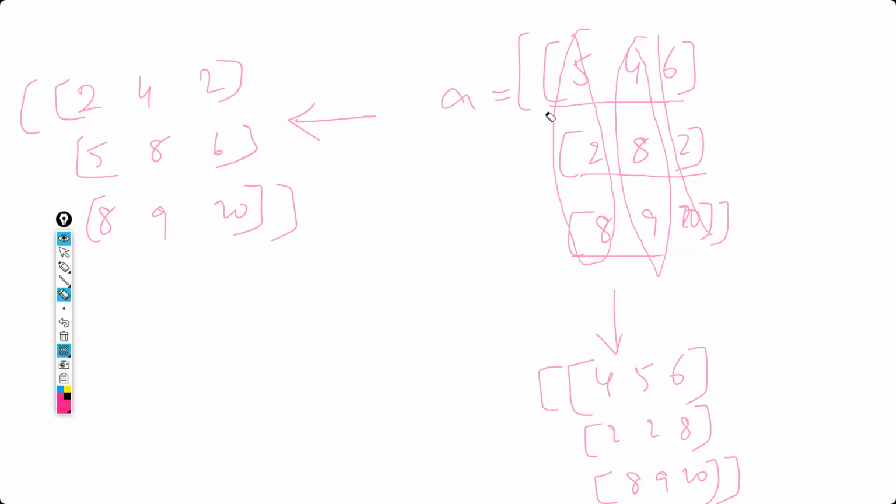Take the column wise. Take the first column and sort it. Take the second column and sort it. Take the third column and sort it. This is called as row wise sorting. This is column wise sorting.